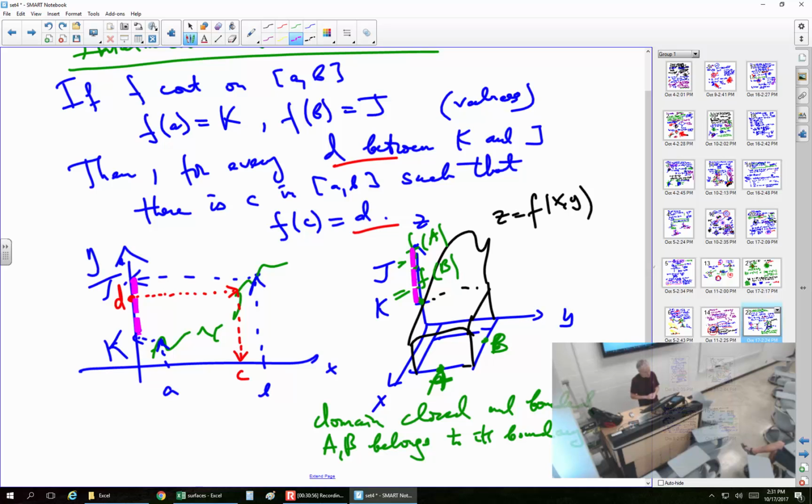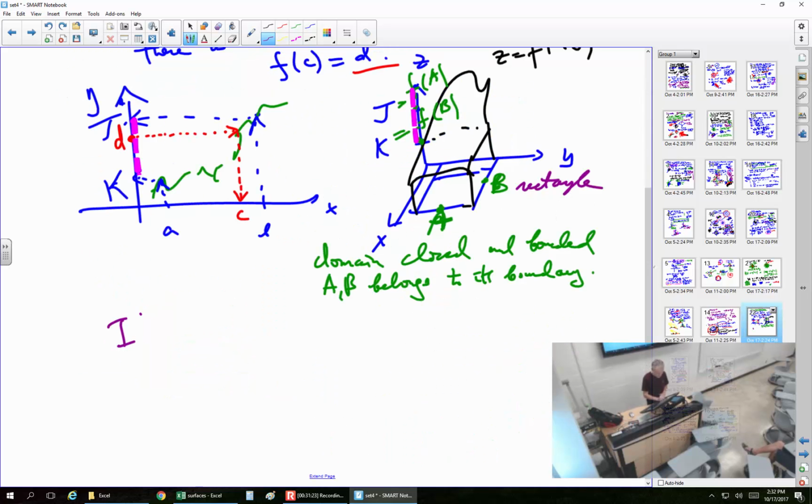Continuity produces similar results to those from calculus 1, even though the domain becomes much more complicated. So we can actually say that, suppose the domain is a rectangle, and then the image is, let me put it this way, if the domain is the rectangle, then the image is what?